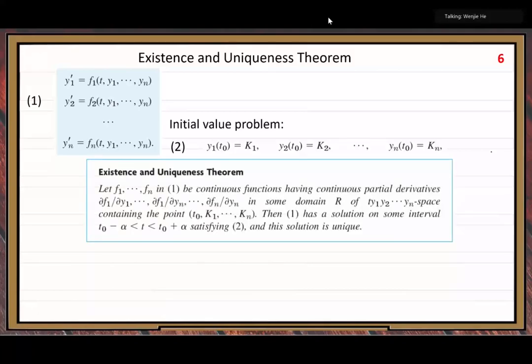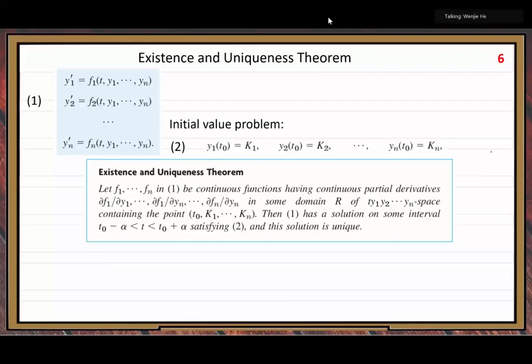The existence uniqueness theorem. Let f1 through fn be continuous functions, and have continuous partial derivatives in some domain R of t, y1, y2, y space, containing the initial point t0.